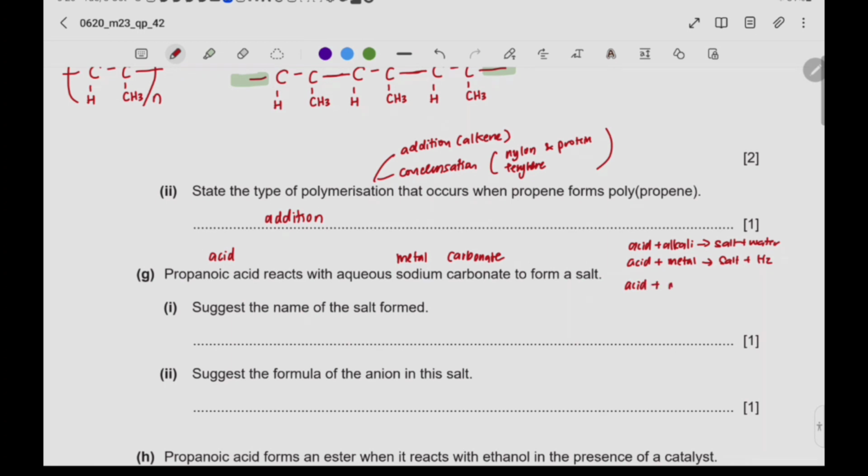Acid can react with metal carbonate to form salt, carbon dioxide, and water. So very simple. What is the salt formed? You just have to know what the salt is, because acid always will be replaced. So sodium propanoate. Simple.